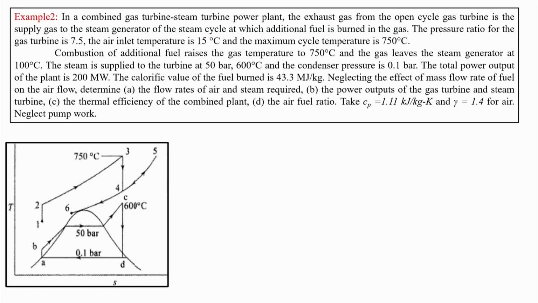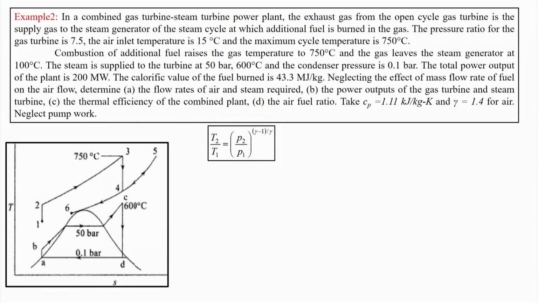We are given that Cp of the gas is 1.11 kilojoule per kg K and gamma of gas is 1.4. So, we are first going to find out the TS diagram.